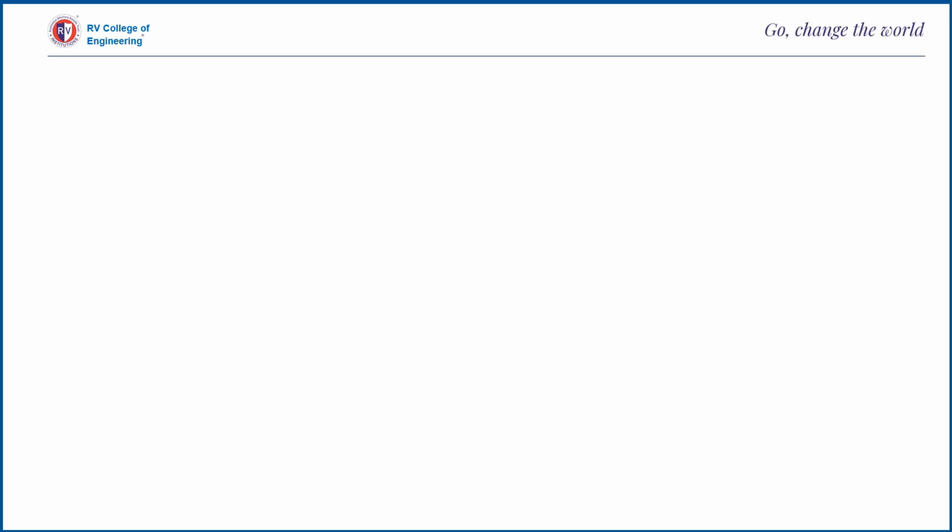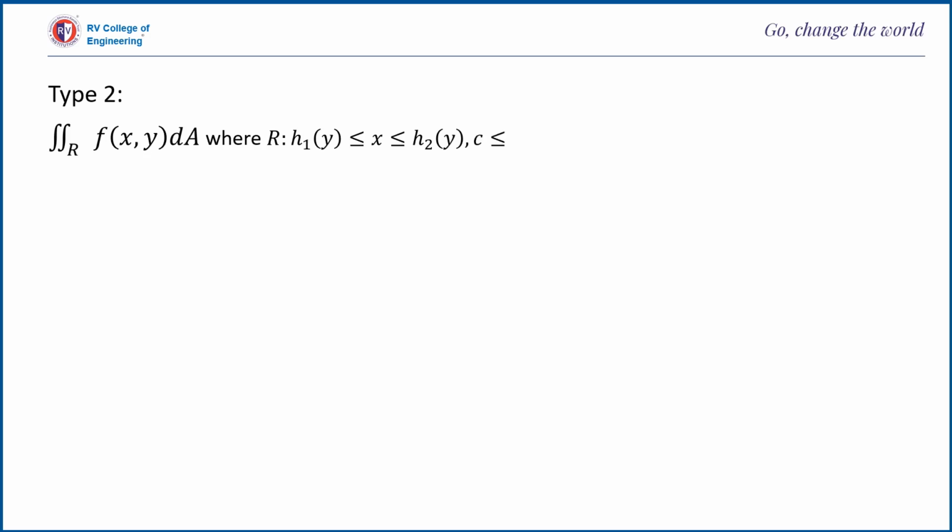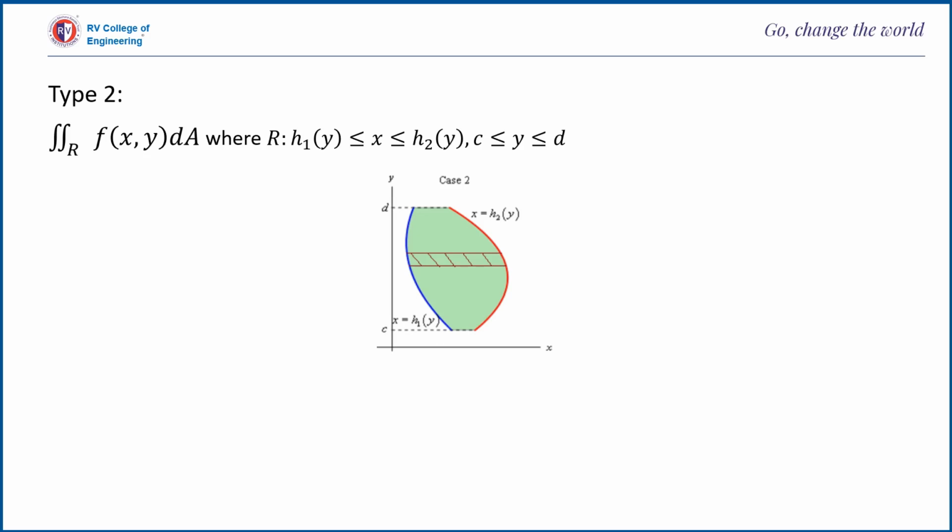Now type 2, that is evaluation of the double integral over the region R of f of x comma y dA, where R is the region bounded by the curves x equal to h1 of y and x equal to h2 of y, and y equal to c, y equal to d as shown in the figure.